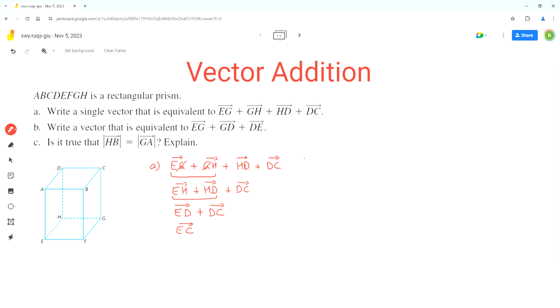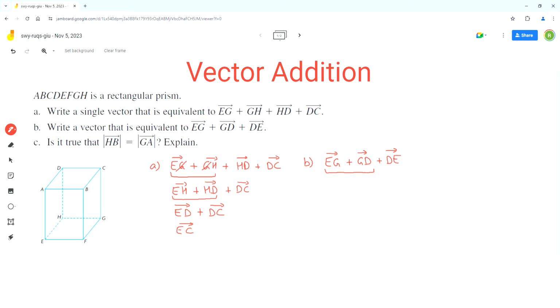Now we can analyze part B. Write a vector that is equivalent to EG plus GD plus DE. So let's start with the first two vectors, EG plus GD.